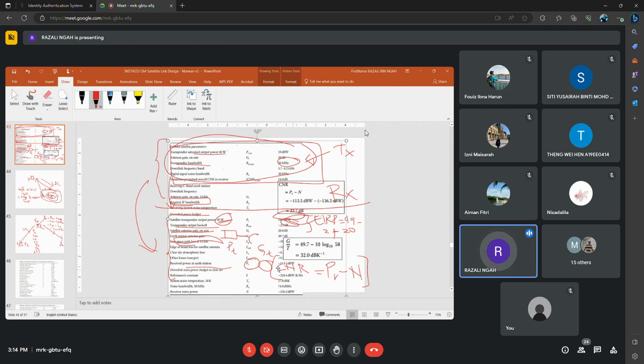You add together, then you will get your receive power is minus 113.5.